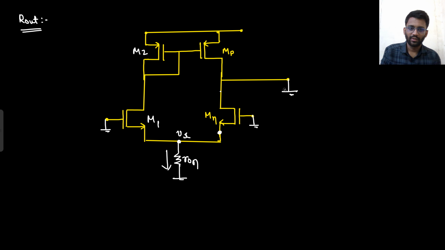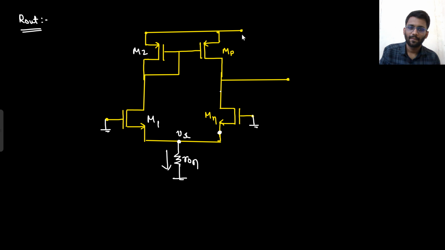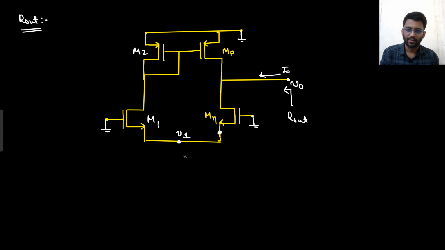Now your output node is not grounded. This node is grounded, but at the output node you have some V naught and you are getting I naught out of it. And this is your Rout. Well and good. Forget about this r0n as well, because r0n is connected like this now.